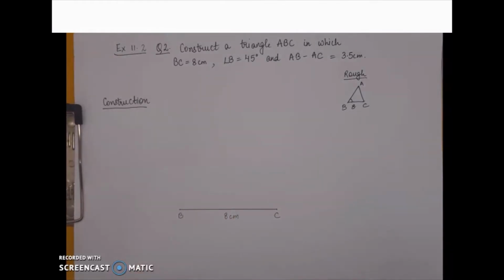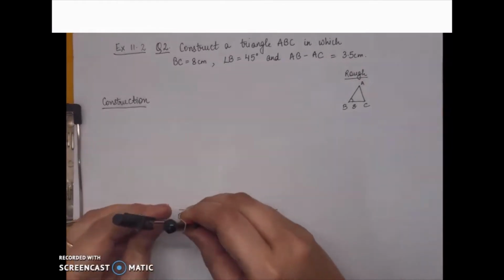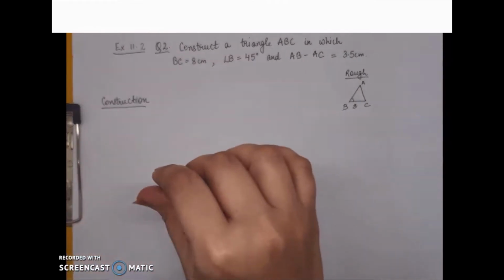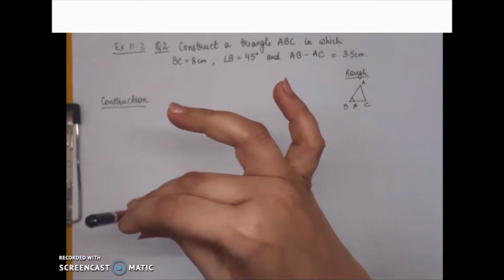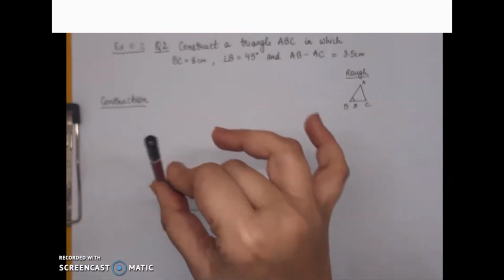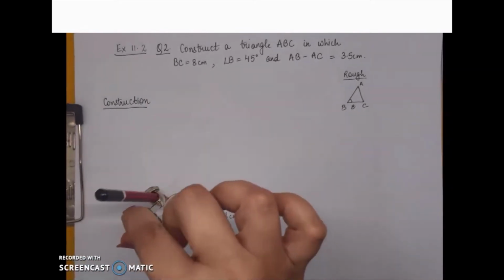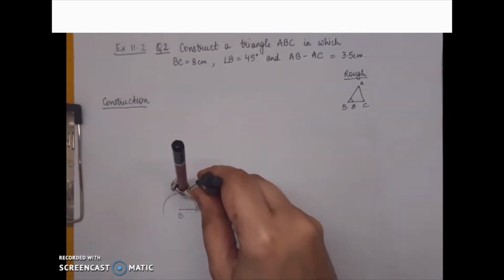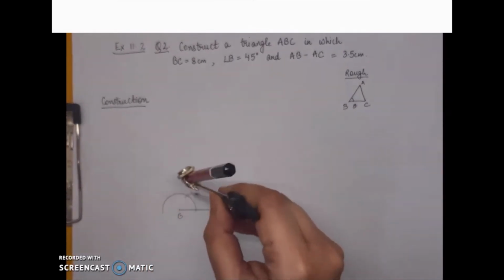Then angle B you have to construct 45 degree. Now how to construct 45 degree? This also we have seen in the previous exercise. So following the same steps, you will be constructing 45 degree angle. First construct 90, and then when you bisect 90, you will get 45 degree.